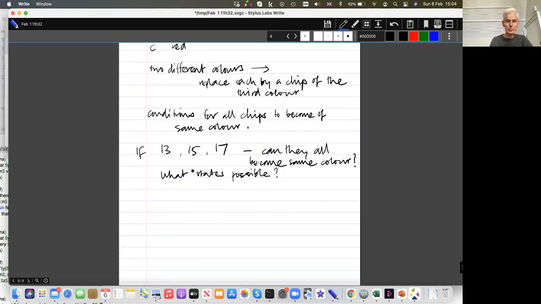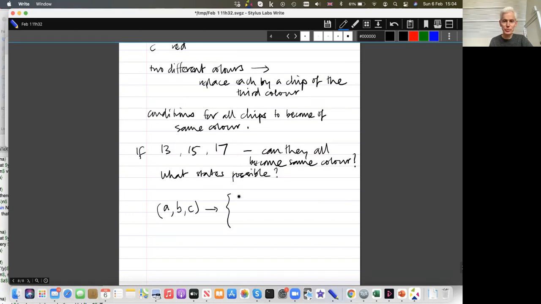Right, so I want to be more systematic. Let's just think. If we start with A, B, C, what are the possible things that you can go to? Let's assume, first of all, that these are all strictly positive integers, and then we'll deal with it, because if some of them are 0, that's going to change things a bit. So let's see the possible things that we can go to.